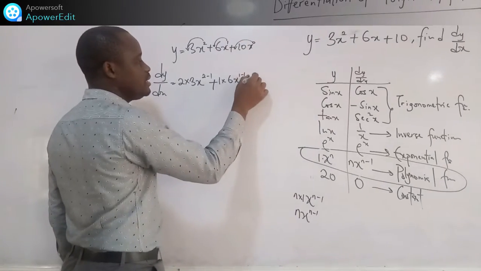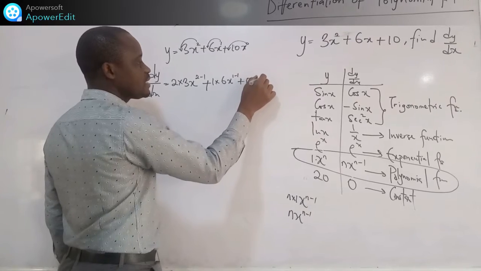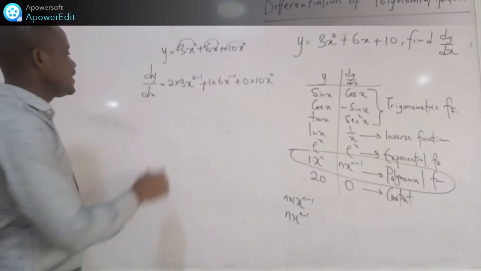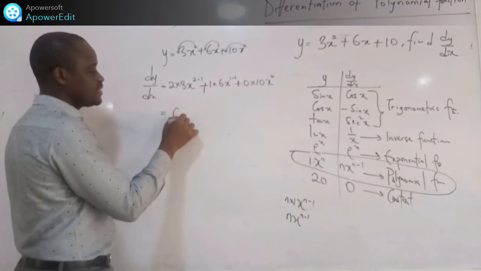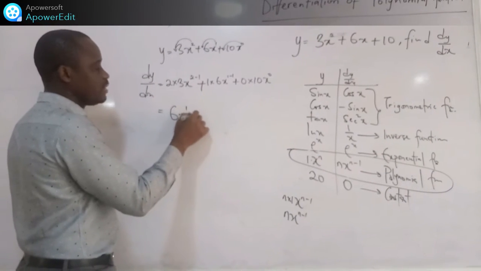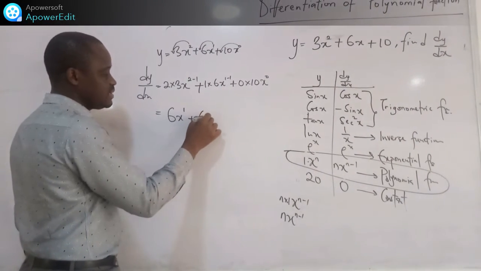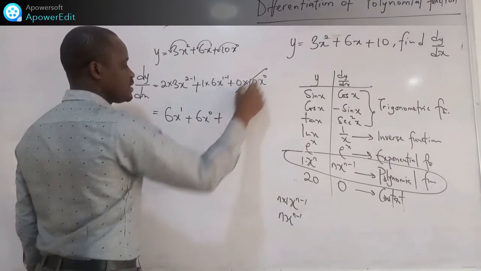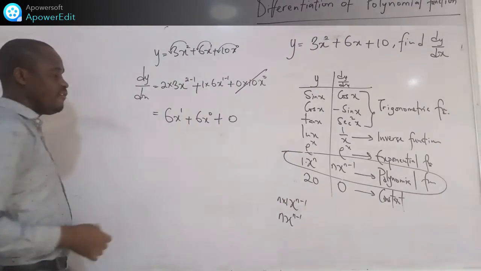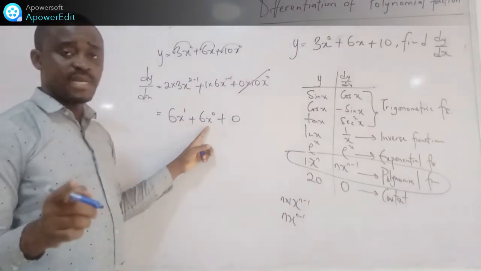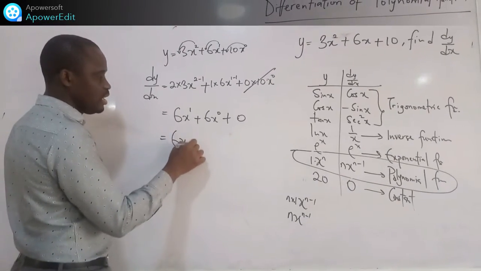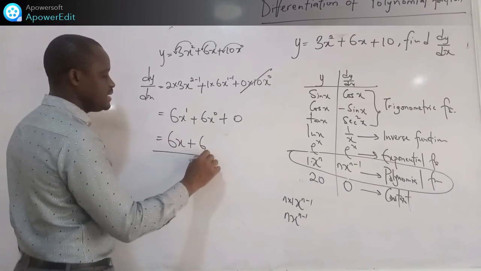It can also be 0 times 10x raised to 0. So that gives you 6x, 2 minus 1 is 1, plus 6x raised to 0, plus this is 0. And of course, from the zeroth law, x raised to 0 is 1. So that gives you 6x plus 6.